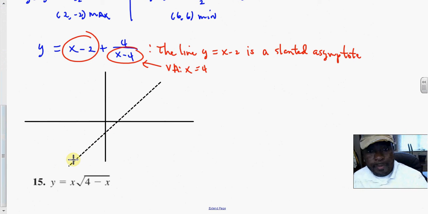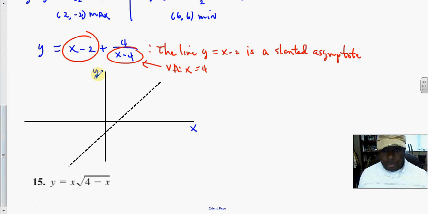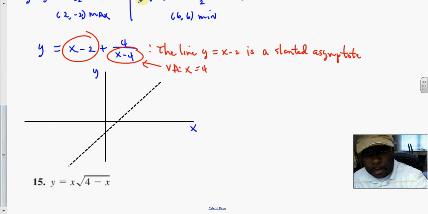Something like that. The x-axis, the y-axis. Oh, we have a vertical asymptote at x equal to 4.